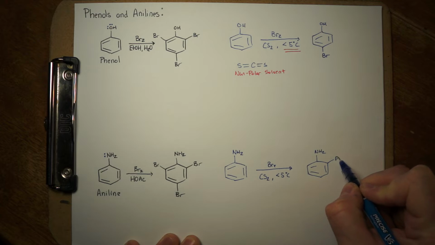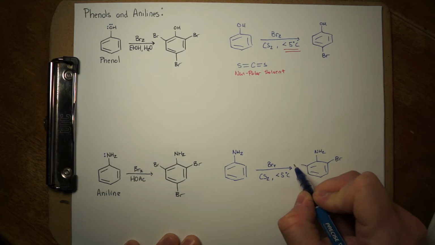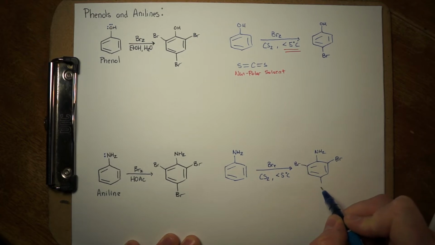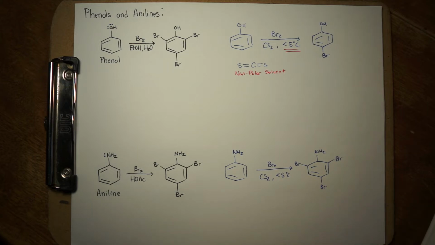And this really speaks to the reactivity of that amino group, particularly relative to the hydroxy group, right? Nitrogen is more willing to give up its electron pair, right? It's a better nucleophile in most cases. And in this case, it's a better activating group for that benzene ring.